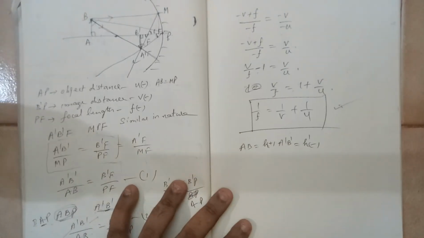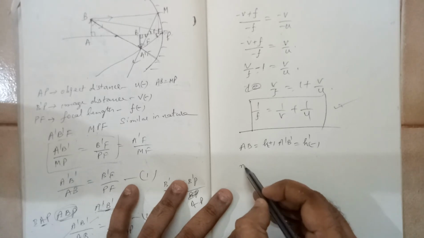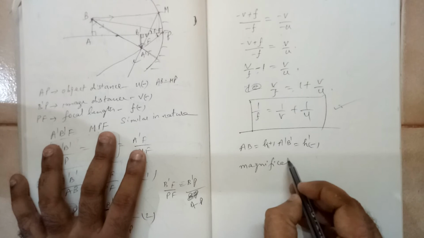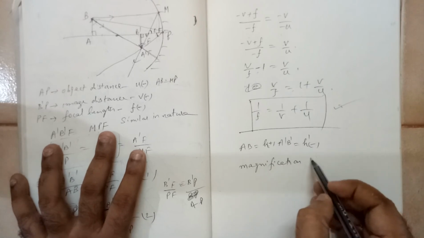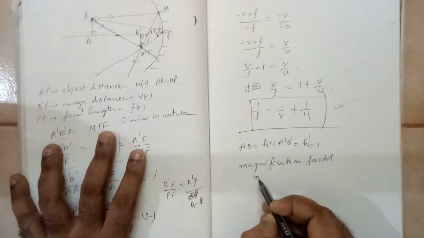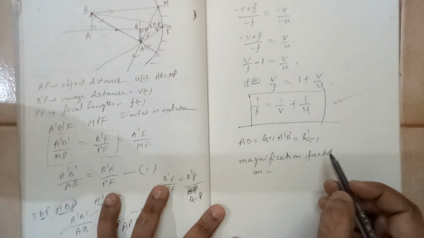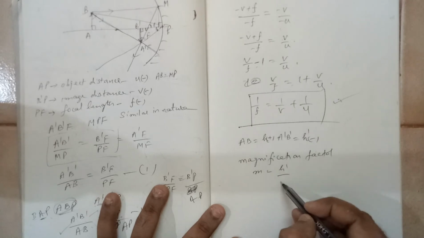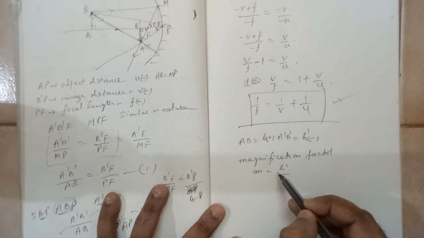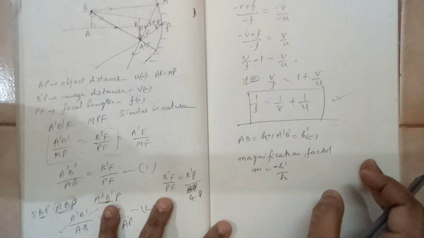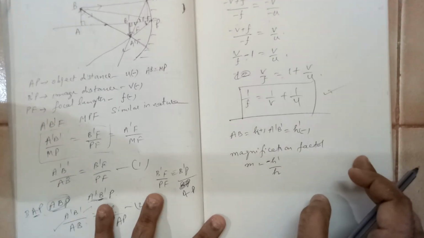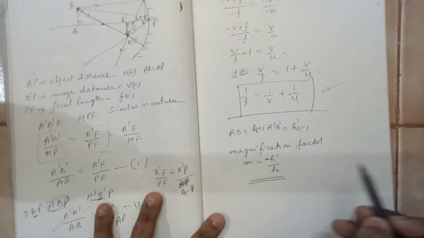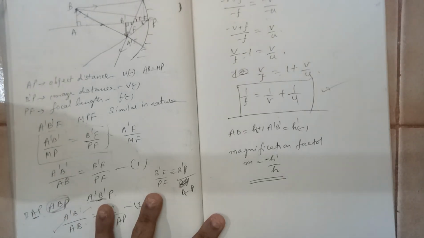So magnification factor M is defined as height of image divided by height of object. Here height of image is coming minus, right? So this is one definition of magnification factor.